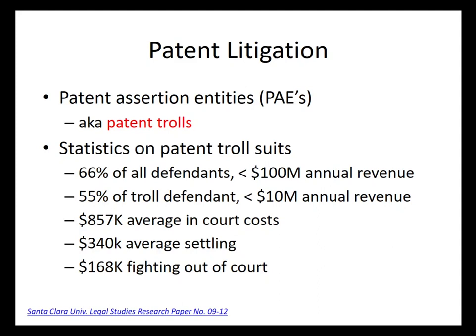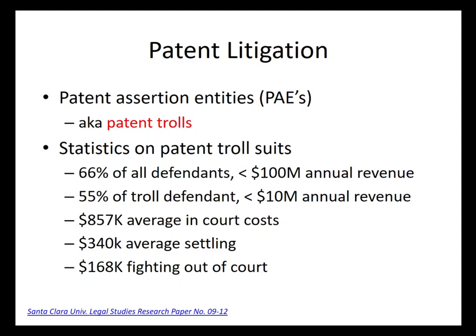And they may or may not actually be doing that. But typically who they're suing are companies that are smaller. So you can see here 66% of all defendants of cases by patent trolls, they have less than 100 million in annual revenue.